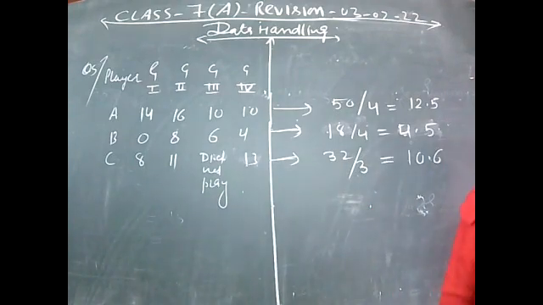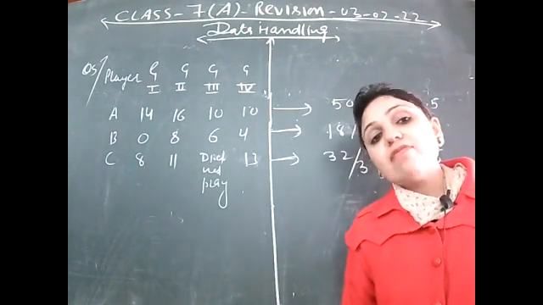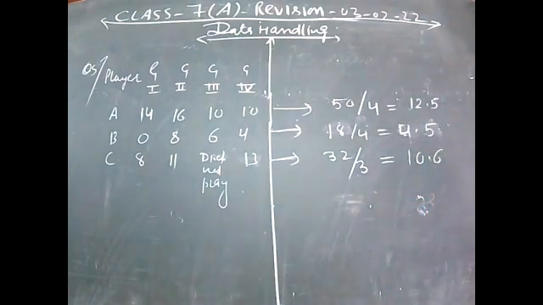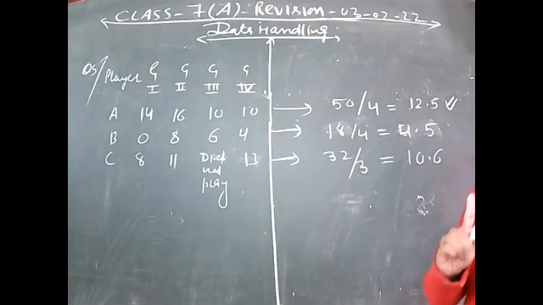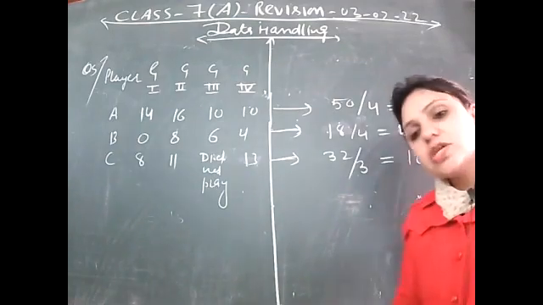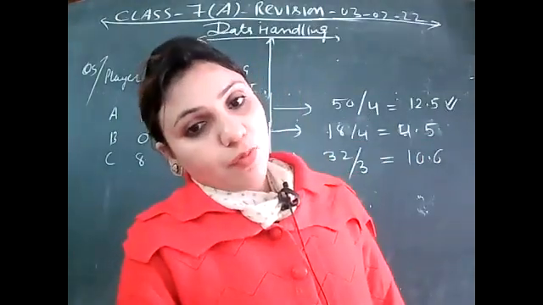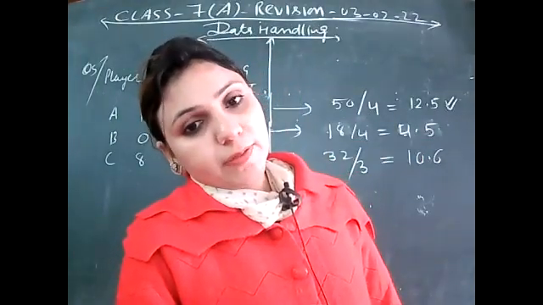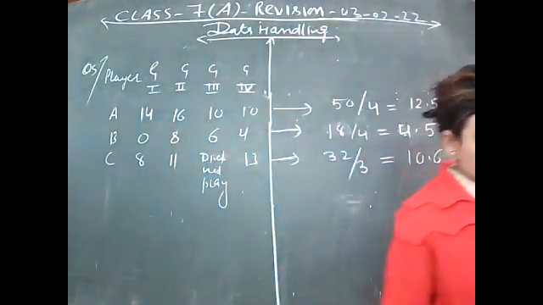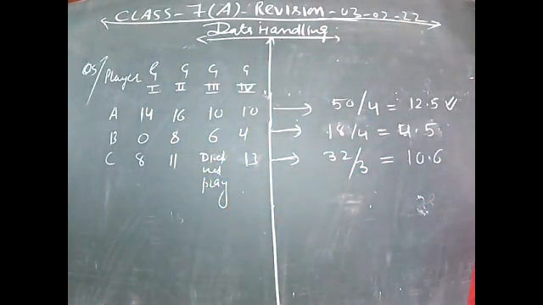The best performer will be the one whose average is maximum, and from the answers we can detect very easily that A's average is maximum, that is 12.5. So A's performance is the best out of the 3 players, right? Rest of the parts you have to do on your own.